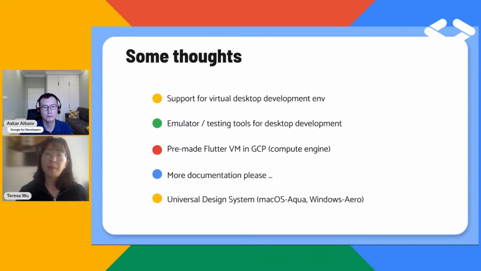But to build a desktop application, if I have just a macOS machine and I don't have Windows or Linux, it's very difficult for me to develop applications for different machines. I need at least 3 machines to test my application on desktop. So I'm hoping there will be some support for a virtual development environment, like an emulator or testing tools, for desktop development as well.